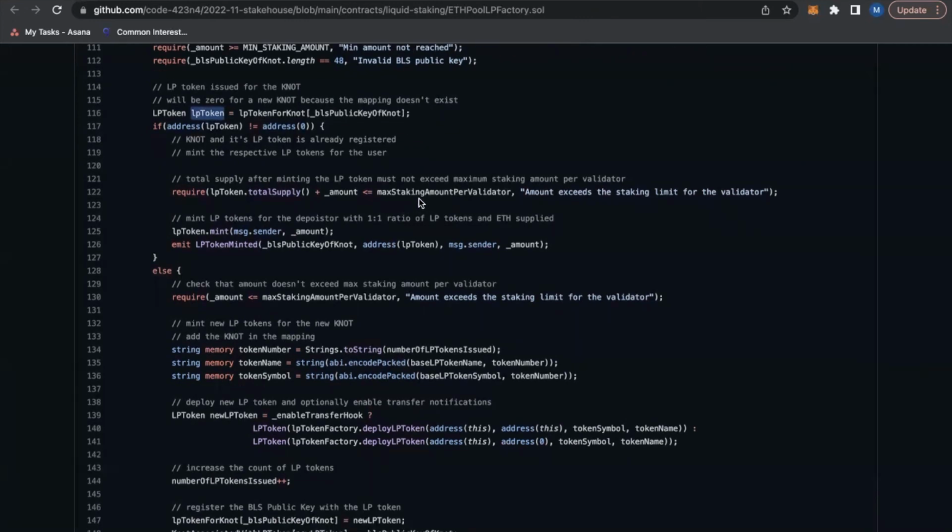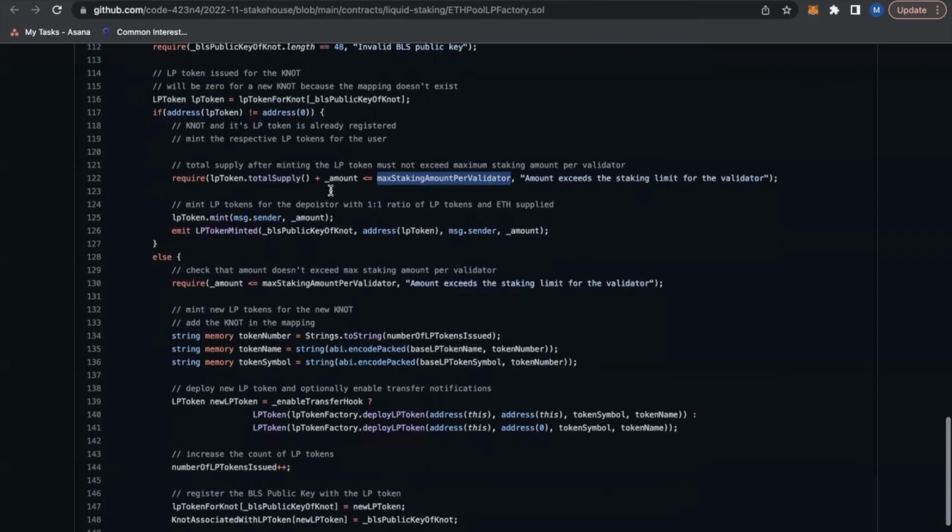So all it will do is mint you that amount, and it will check the max barrier, so the max staking amount per validator for the protected staking pool will be 24, and for the fees and MEV pool will be 4 ethers. So if you are trying to mint, the max cap should not go beyond that. That's what this checks, and if it is correct, then you will be minted new LP tokens.